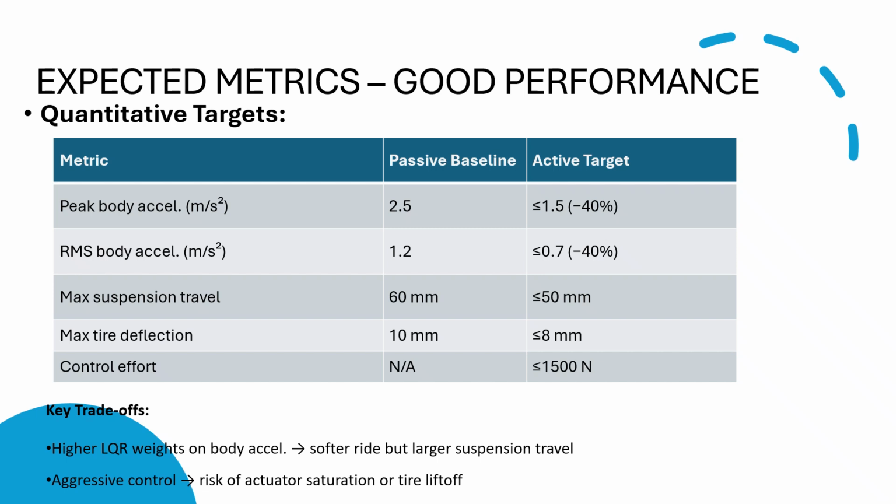First, for peak body acceleration, the passive suspension baseline is 2.5 meters per second squared, and our active target was 1.5 or lower, which is about a 40% reduction to improve comfort. For the RMS body acceleration, which reflects overall vibration exposure, my target was around 0.7 or lower, which is again about 40% better than the passive suspension system.